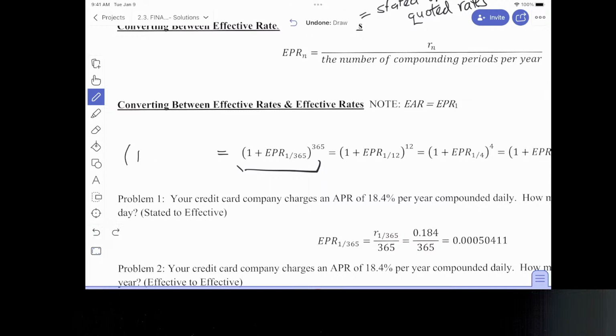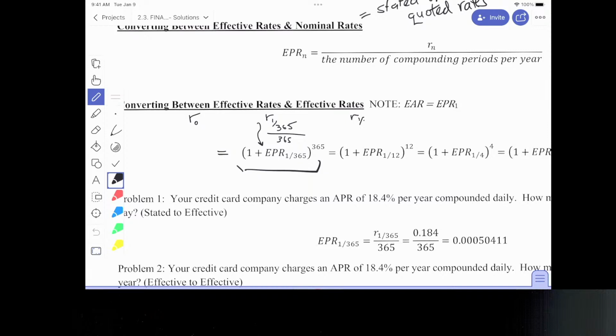Okay, I guess I have to explain that. So when I've talked about continuously compounding rates, I've written them as R0. In this case, the stated daily rate would be written as R over 365, right? And we know we have to divide that by 365 to get the effective daily rate.